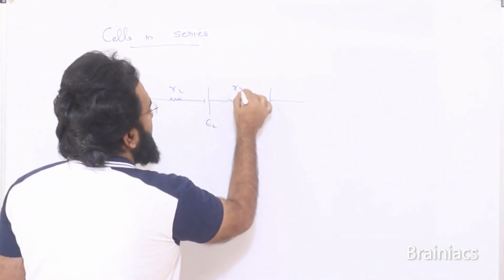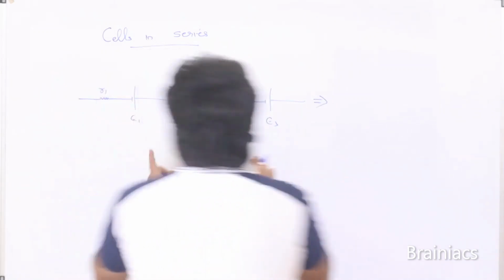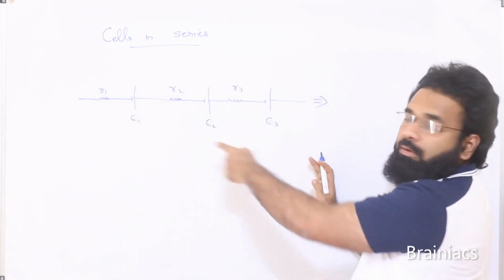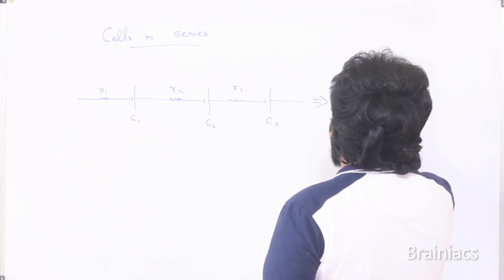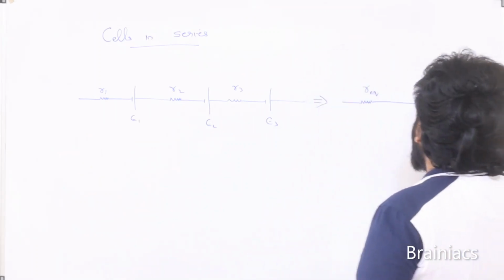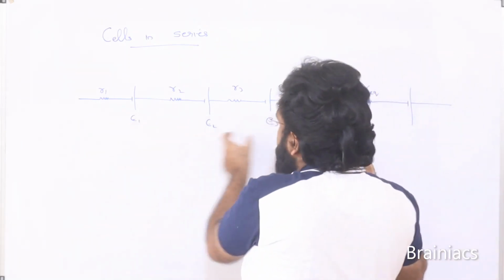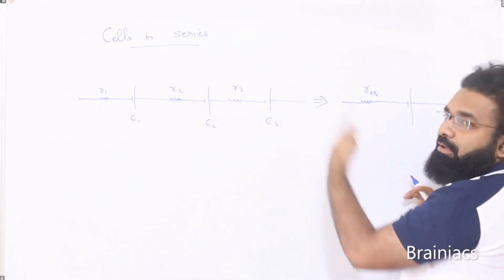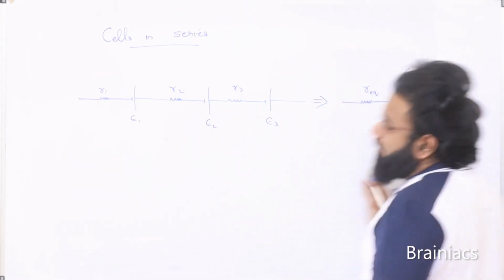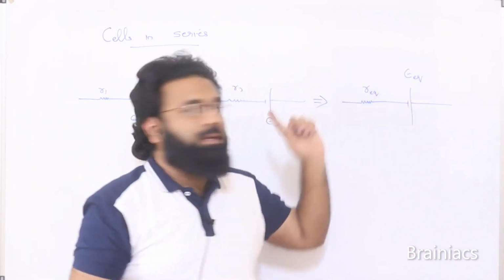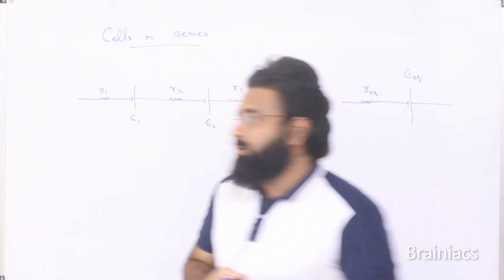Now suppose we replace this combination with its equivalent internal resistance, and suppose we replace these three cells or batteries with a single battery of equivalent EMF, then what will be the equivalent EMF and what will be the equivalent resistance? This is what we are taking into discussion today.